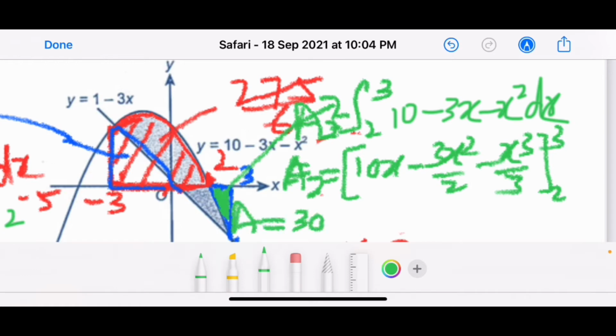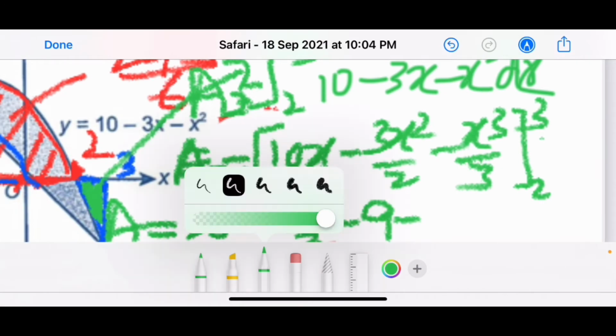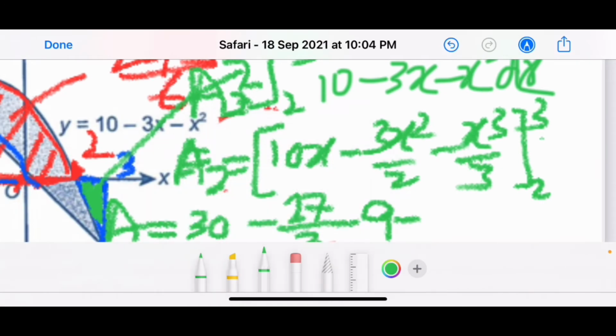So let's do it now here. 30 minus, this is 3 squared, 9, 27 over 2, 27 over 3, 9, minus, be very careful because it's a negative. I'm going to use a red color so that I will be very careful.